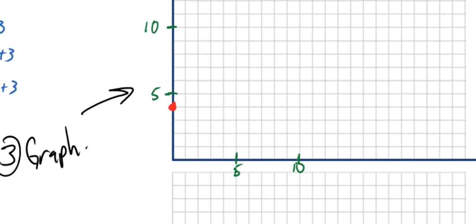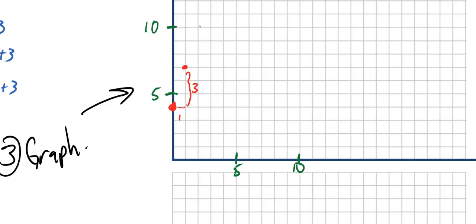Put your pencil down and just watch for a minute. We did this yesterday, but this is going to help us when we get to the third example and we have to think about a graph. The change was 3. So every time I go over 1, I go up 3. 1, 2, 3. Right? So I'm going over 1 and I'm going up 3.